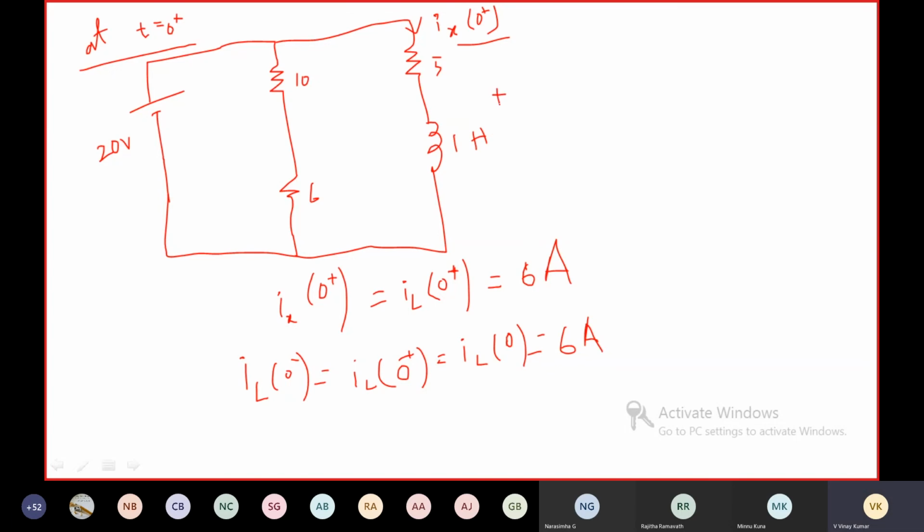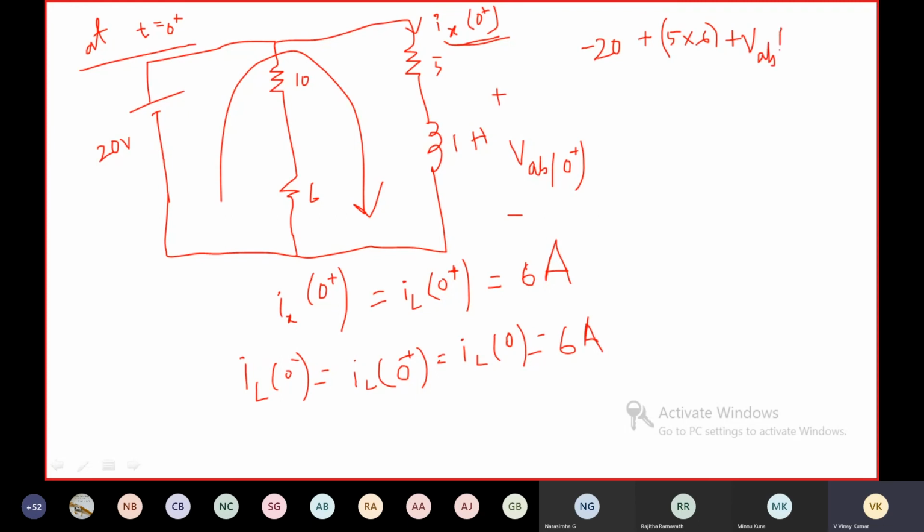Next we have to find VAB of 0 plus. You apply KVL around this loop: minus 20 plus 5 into 6, because the current flowing through this is 6, plus Ix of 0 plus into 5, plus VAB of 0 plus is equal to 0.